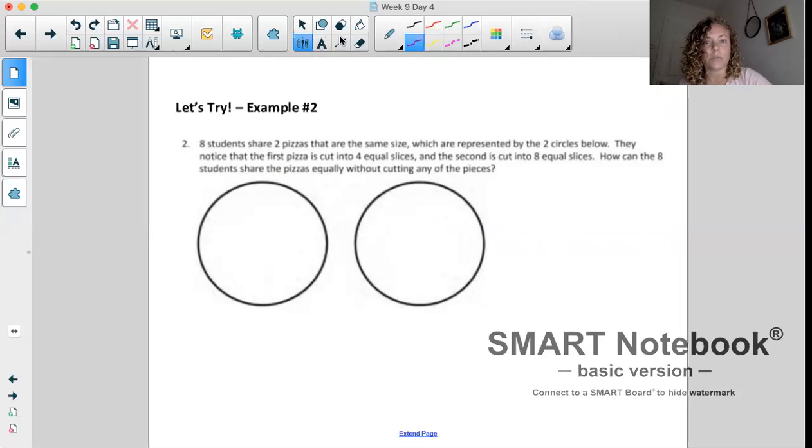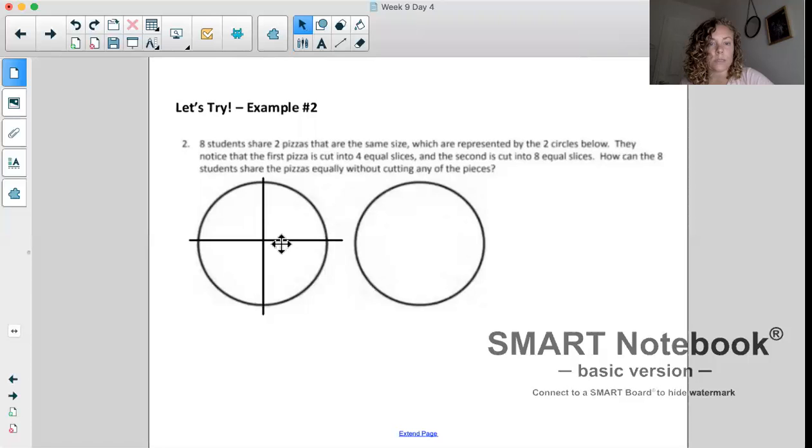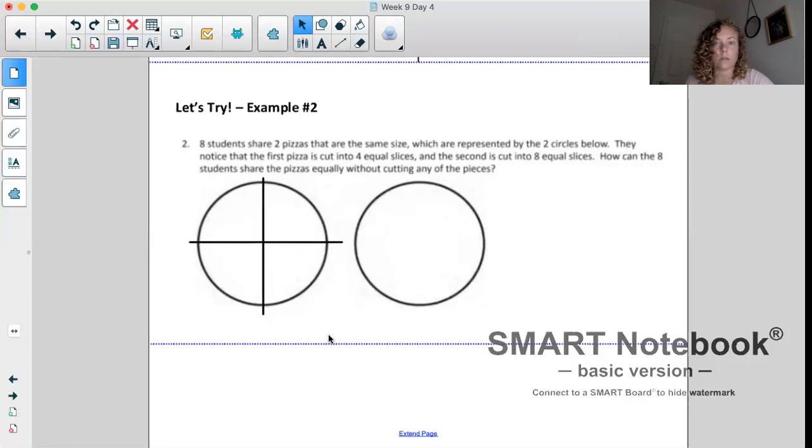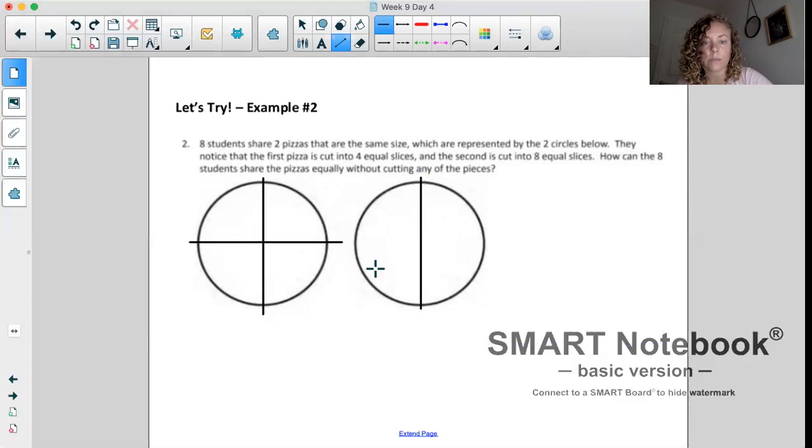I'm gonna get my line tool because it makes nice straight lines. I can't draw straight lines very well. A horizontal and a vertical line is going to give us 4 equal pieces. Make sure it's as close as can be. And then this second piece is cut into 8 pieces. So I'm going to start by making it 4 pieces the same way I did that first one.